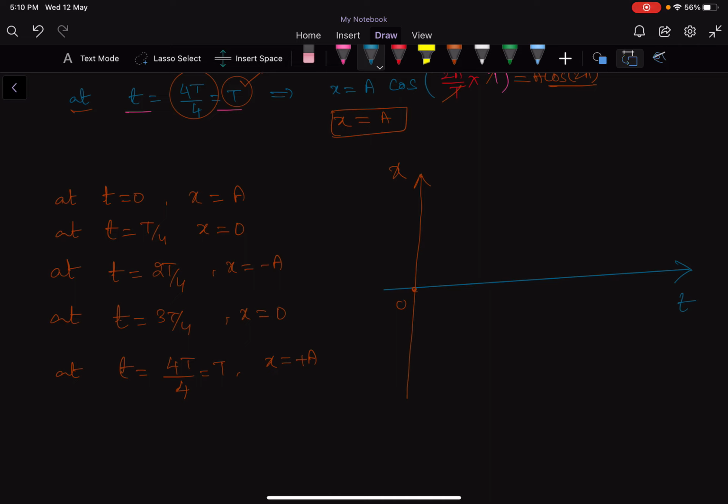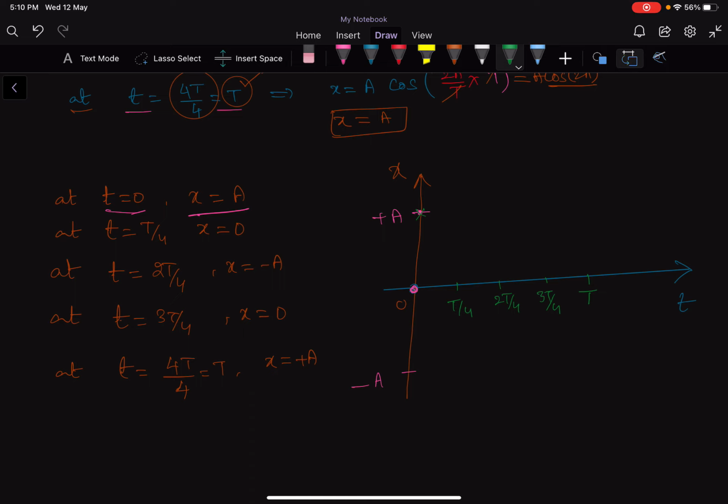Okay. At t equal to 0, let this position be x equal to plus A, and this is x equal to minus A. We know at t equal to 0, x equal to plus A. Next, I am taking this as T by 4, this time interval as 2T by 4, this is 3T by 4, and this is 4T by 4, simply T.